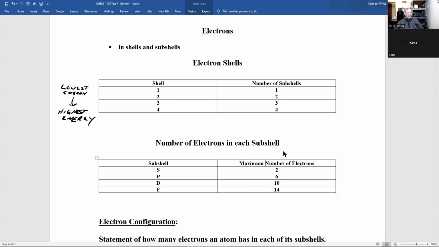And the same thing here. Subshell S is the lowest, and F is the highest.